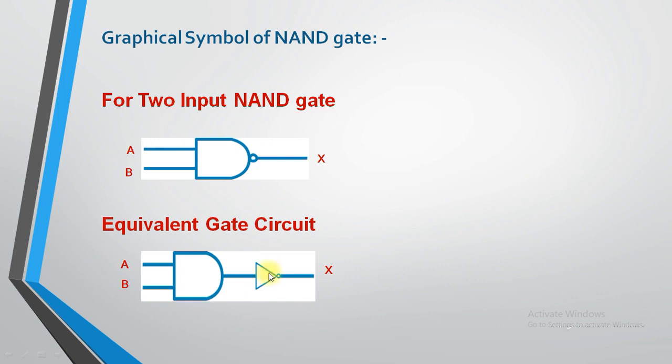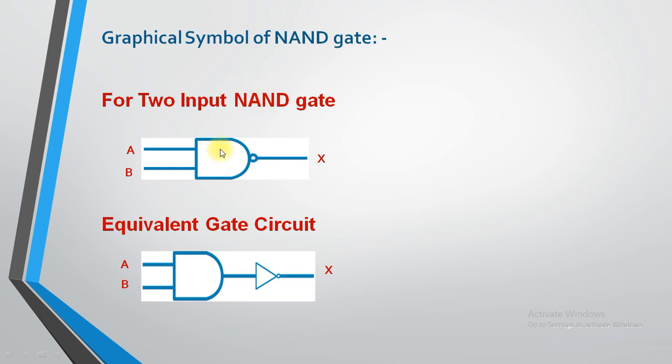If you want to put an inverter, first of all you need to draw the AND gate, then you need to put an inverter or NOT gate over here. You can combine in this way also. If you put one bubble at the output, that is referred to as a NAND gate.